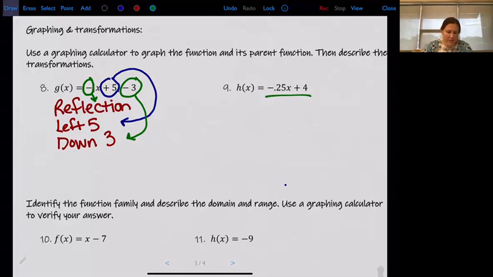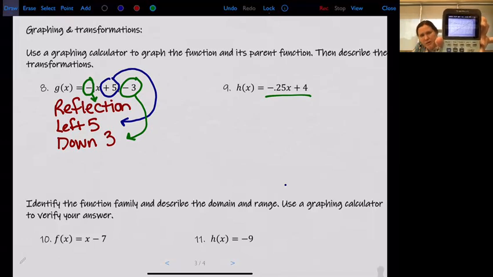Negative 0.25x plus 4. So your equations should look like that. And I just push graph, and then I watch it graph. And I look from the parent function. Again, the parent function is the blue one. Goes through 0, 0 with a slope of 1.